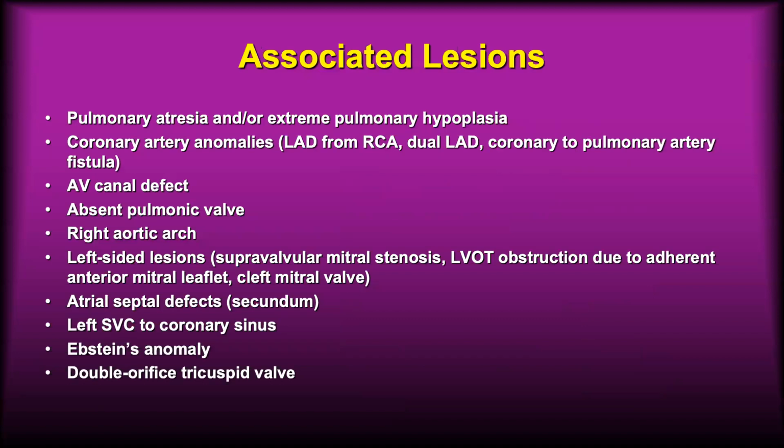Right to left. All this stuff. I do not anticipate that I ask any questions on this. This is just to let you know that this can be pretty darn complicated with lots of other things going wrong. This is why people either want to be pediatric sonographers or don't want to be, because it can be a big mess.